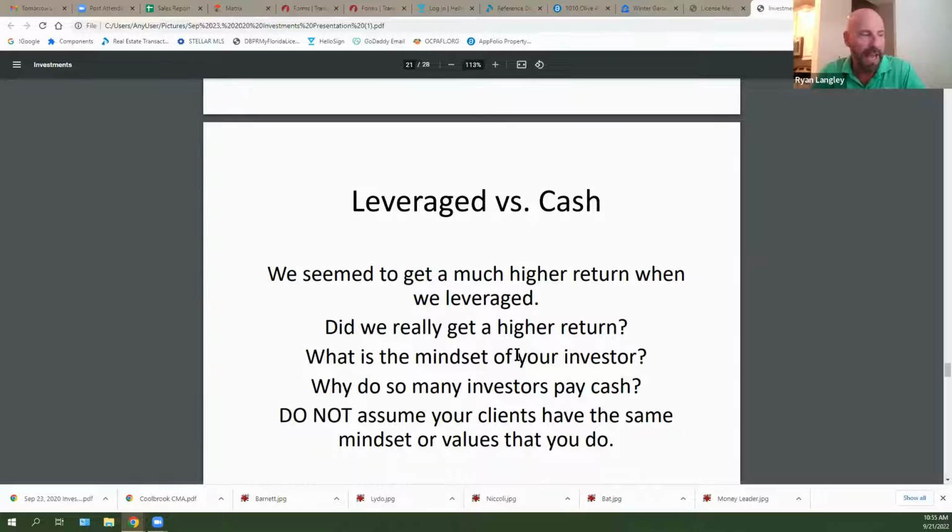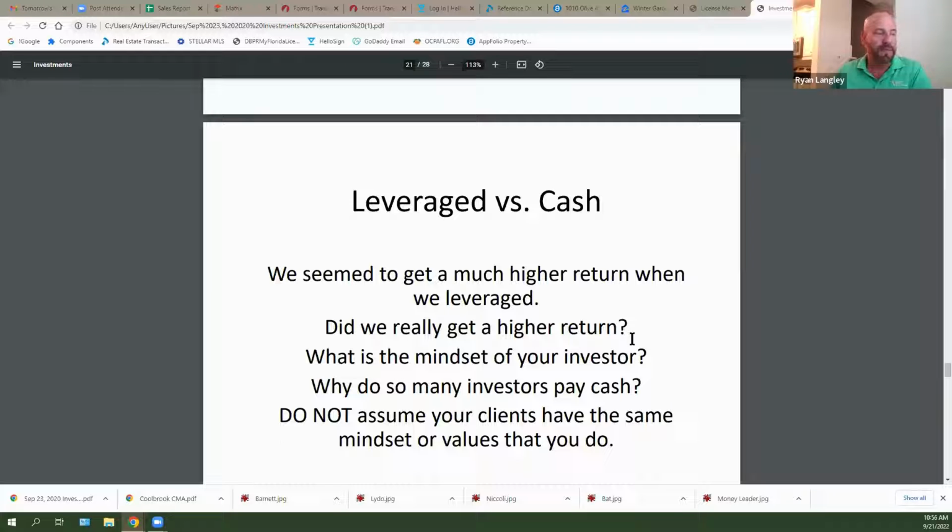We got a higher return with cash, but since we only put $65,000 down as opposed to $325,000, assuming we have the $325,000, we could have bought 4 more properties, 5 total properties. Then that 15 turns into 75, assuming we buy 4 more identical properties. So you see where leveraging creates a lot more money, creates a little bit of risk, but alleviates a little bit of risk. That's how that works.